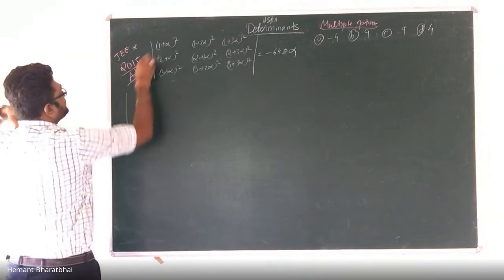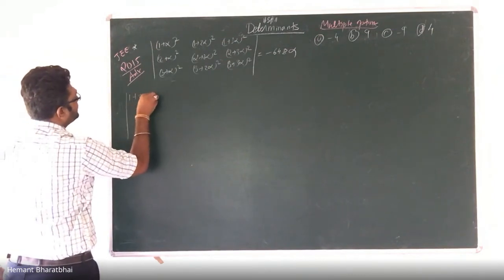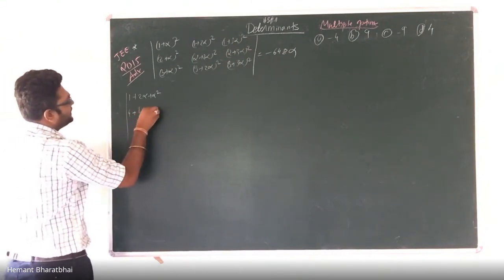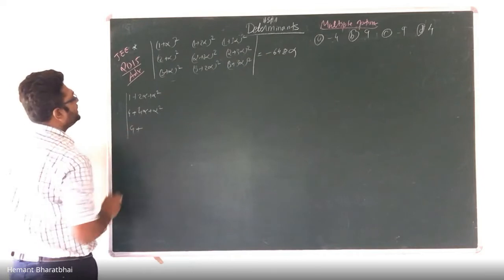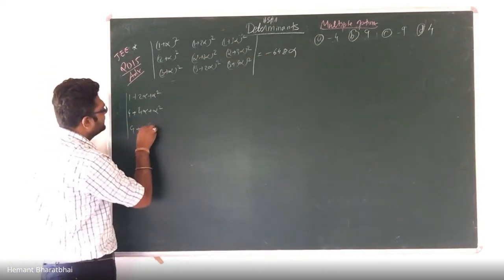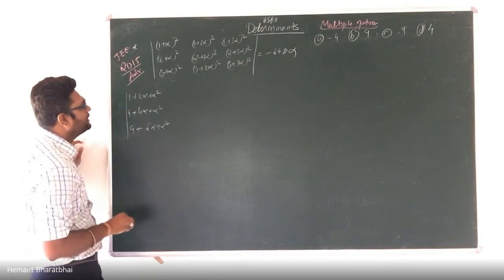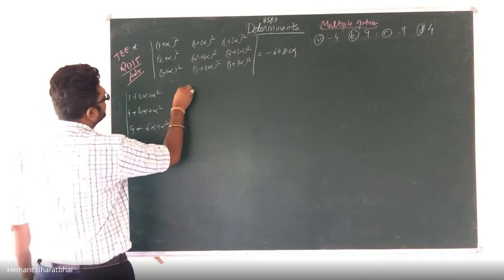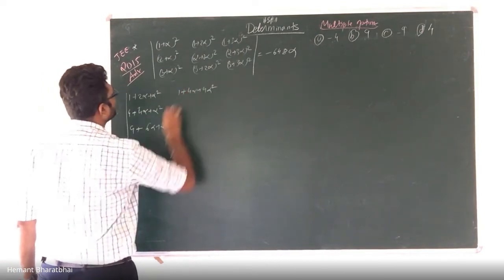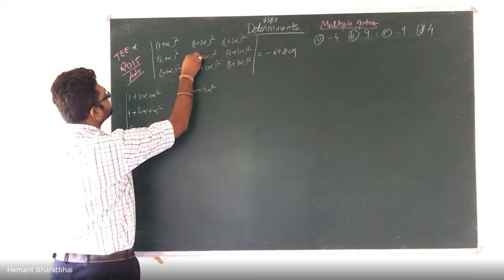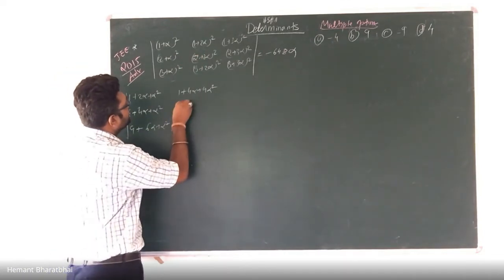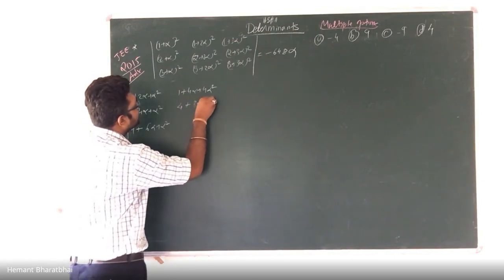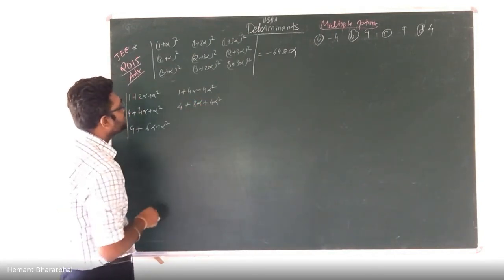So this will become 1 plus 2 alpha plus alpha square, 4 plus 4 alpha plus alpha square, 9 plus 2 into 3, 6 alpha plus alpha square, 1 plus 2 into 2, that is 4 alpha plus 4 alpha square. This is 4 plus 2 into 2, 4 into 2, 8 alpha plus 4 alpha square.